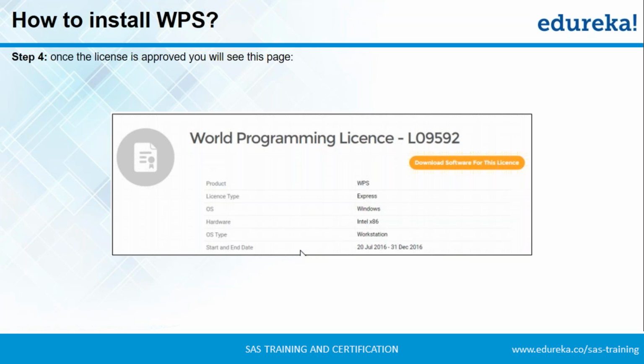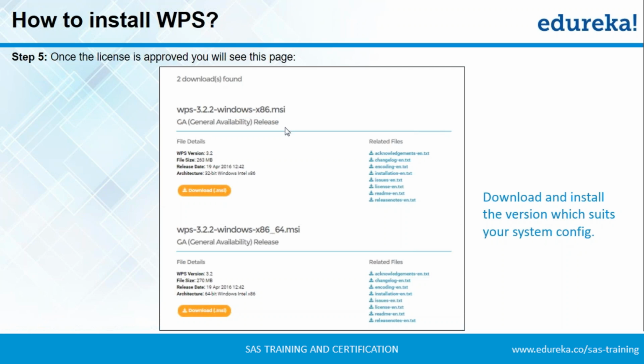Somewhere it will say it will take around 1 day. It might take that, but for me it took 5 minutes. So you can wait for like 5 minutes and your license will be approved, and then you can click here, that is, download software for this license, right? So once you click here, the installation will actually begin, and you will be prompted with this screen next.